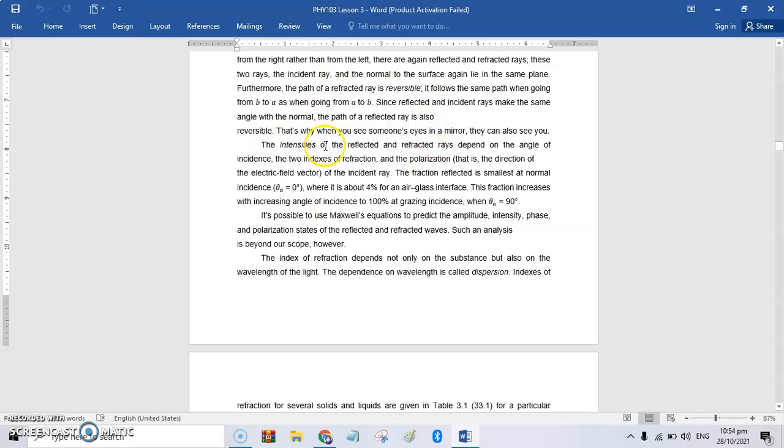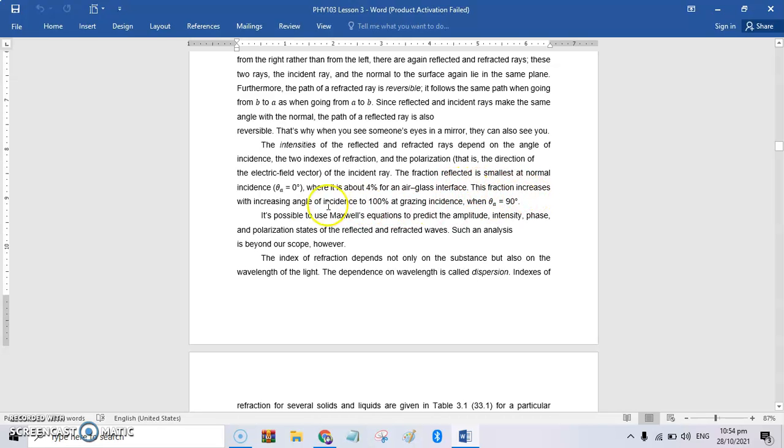The intensities of the reflected and refracted rays depend on the angle of incidence, the two indexes of refraction, and the polarization of the incident ray. The fraction reflected is smallest at normal incidence, when theta is equal to 0 degrees. It is about 4% at an air-glass interface.